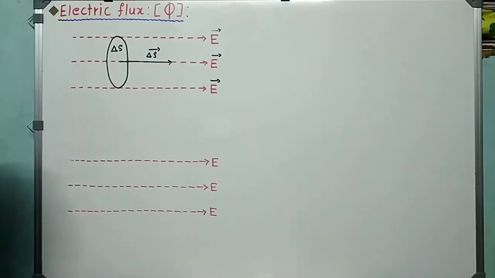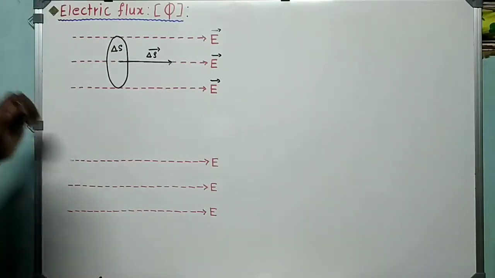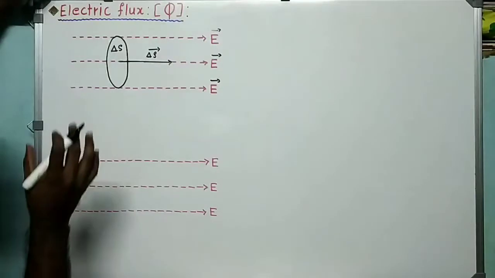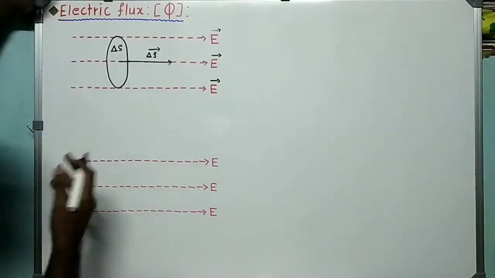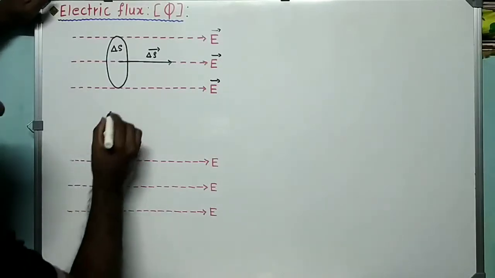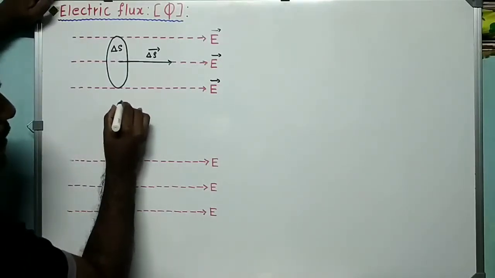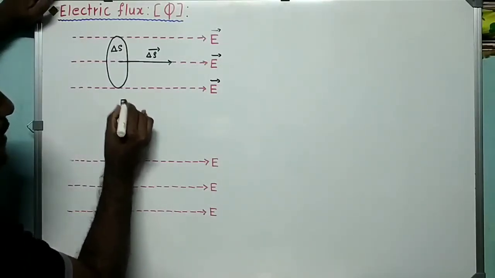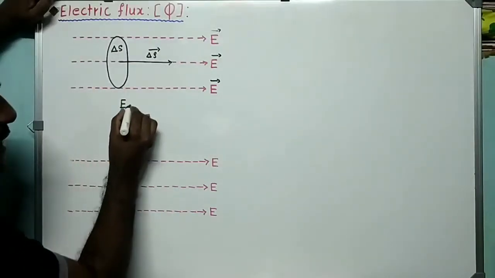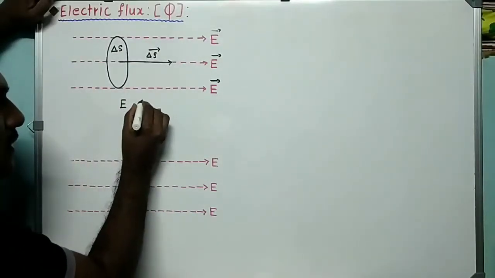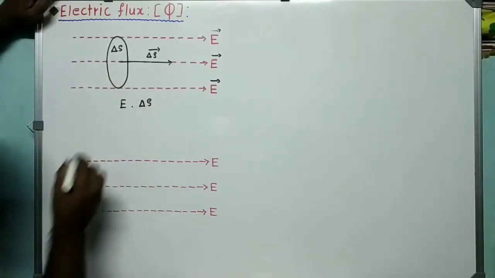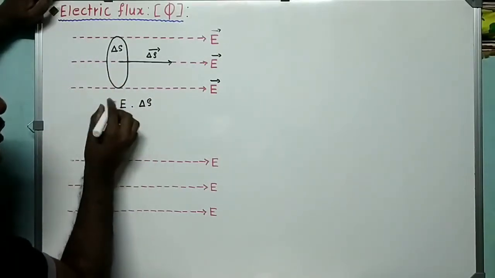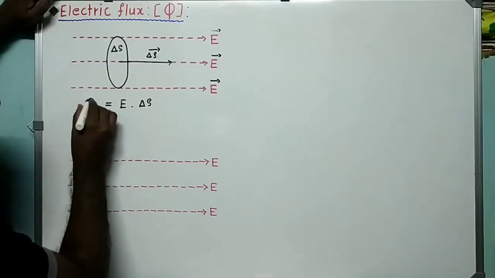That's why there is a way to find the electric flux, to find the total number of lines of force passing through this area. What is that alternate way? See here, if you multiply the electric field in which the surface is placed and the total surface area of this surface, you will get electric flux.